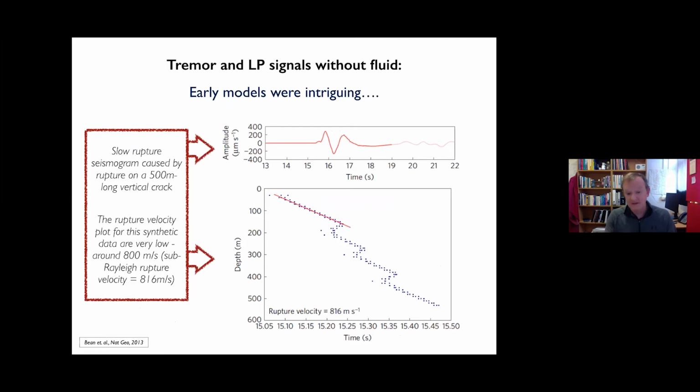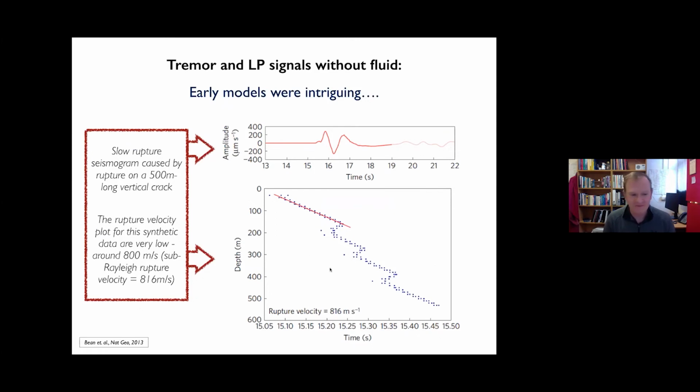So this is the work again of Chris Bean. His early models were very interesting, very intriguing. So the top model here is the slow rupture seismogram caused by, as I've written here, a 500 meter long vertical crack. So here we have a seismogram.